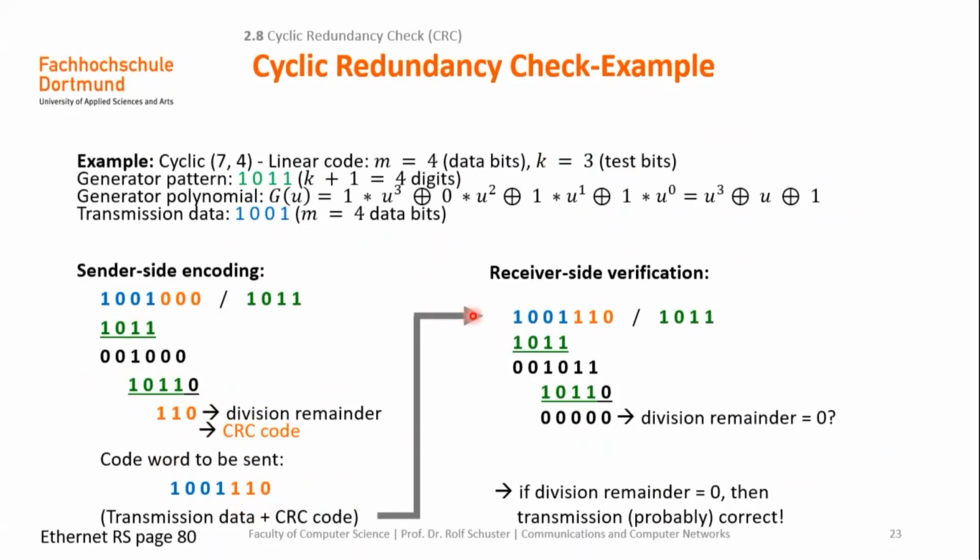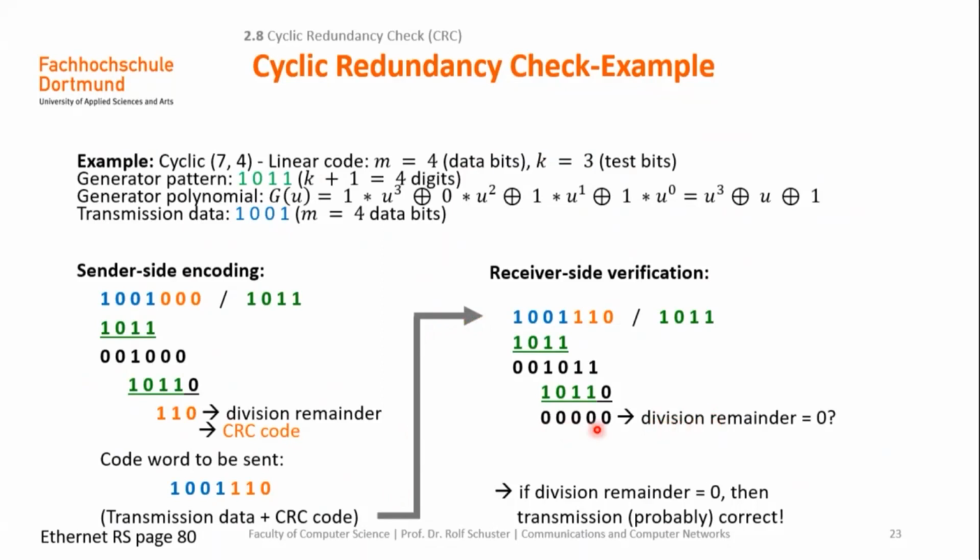On the other side of the network, the receiver performs a verification, dividing this information, the bit chain, by the generator pattern. The remainder of this division is used to determine if an error happened during the transmission across the network or not.